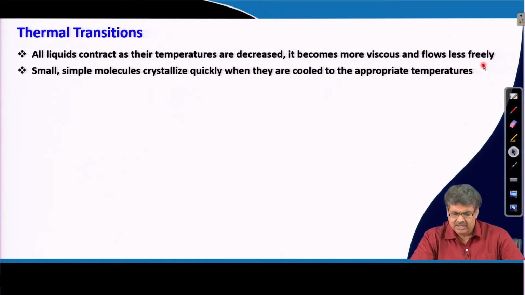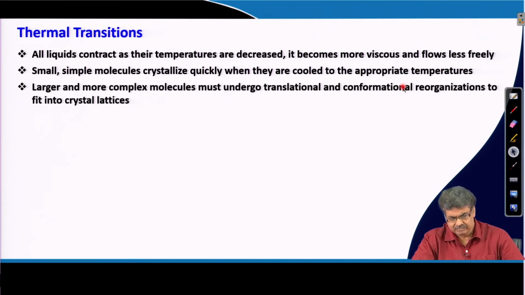When the temperature is sufficiently low, small molecules like water or other simple molecules crystallize at a particular temperature quickly, form a solid crystalline material, and that temperature is called melting temperature, as we all know that.